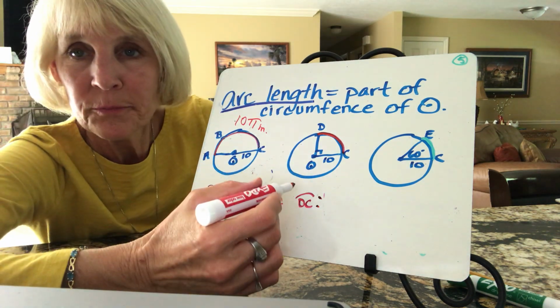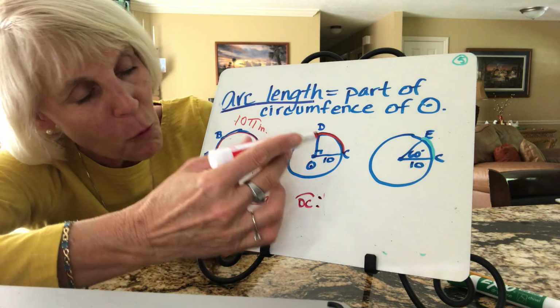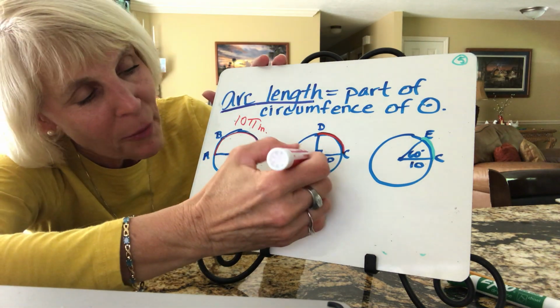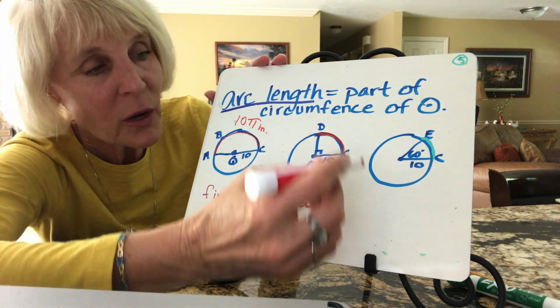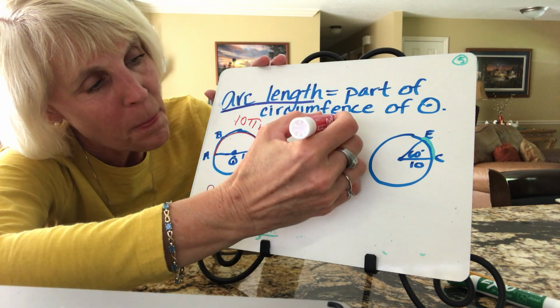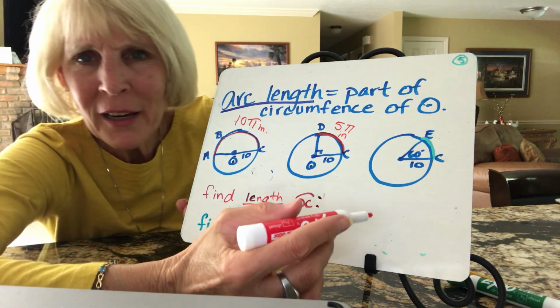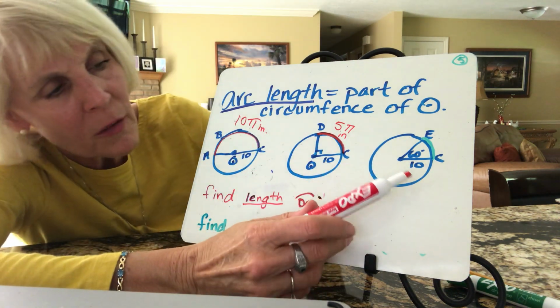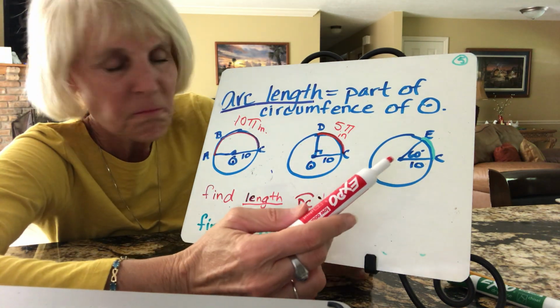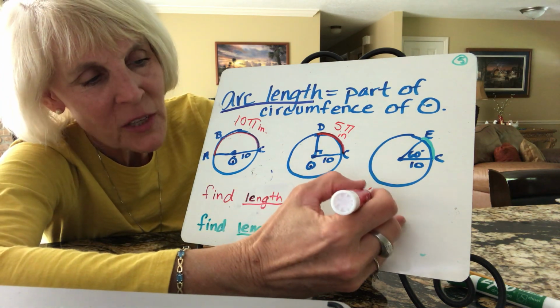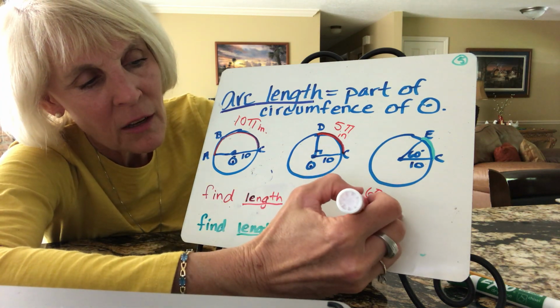What about this one? You're exactly right. 1/4 of 100 pi, 20 pi. So I have my diameter is 20. 1/4 of 20 pi would be 5 pi inches. And what happens when we're back to, what did I put there, 60 degrees? You just have a little bit of a fraction. It's still a part.